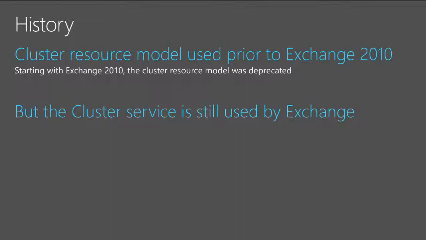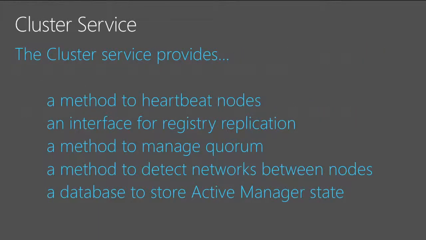But nevertheless, even though we no longer have this clustered resource model, we are still heavily dependent on that service in order to be successful. Now, there's several things that we have not yet today been able to duplicate that we get from the cluster service. A method of actually heartbeating the nodes. So how do I tell that a node is alive, it's up and running, I can talk to it, that it's okay to have resources on that node?